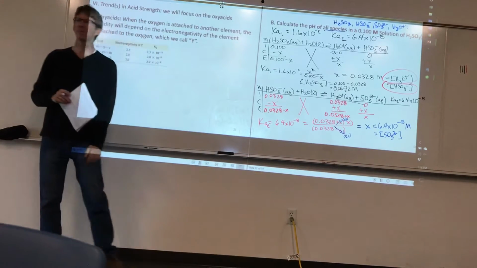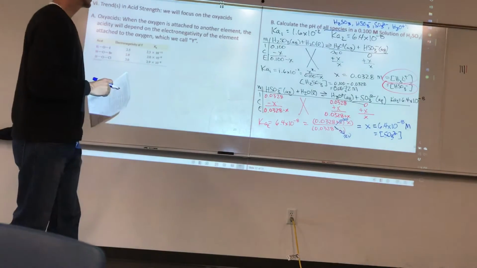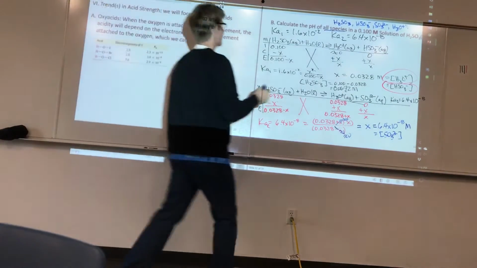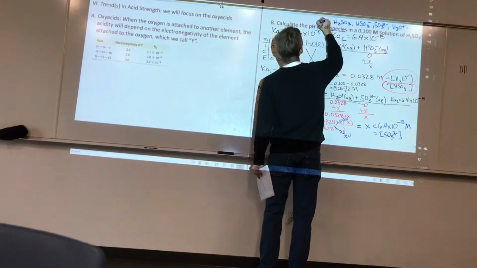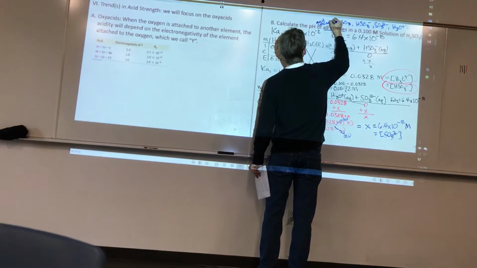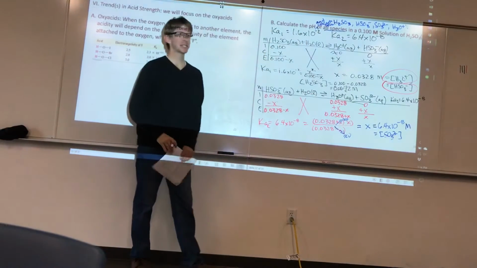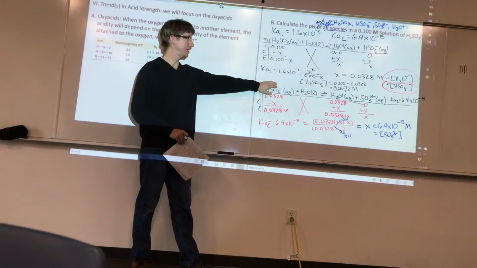Logan? The question asks for the pH of all species. Oh, I'm sorry. The pH. Thank you. pH and concentration. I'm sorry about that. Thank you. And concentration of all species. Oh, so we still haven't done pH. Let's do pH now.